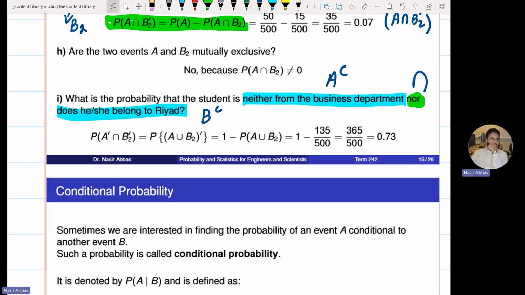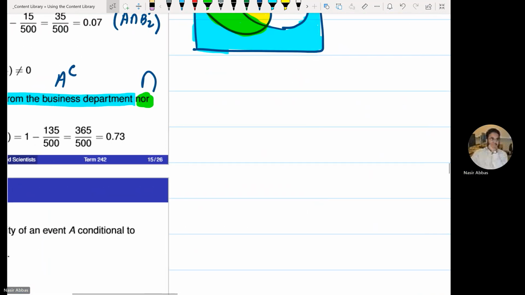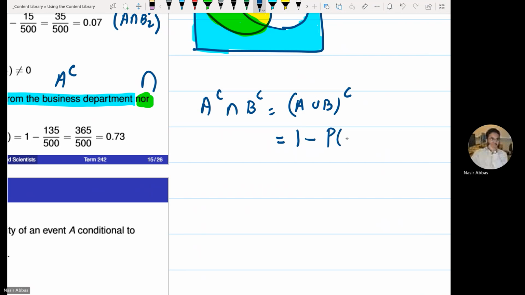De Morgan's law says A complement intersection B complement is A union B whole complement. Then complement law says that the probability of the complement of an event is equal to 1 minus the probability of the original event. And this one, you already found in one of the questions.